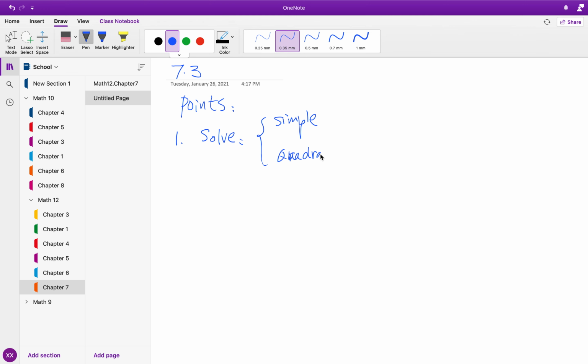In this case, it will involve factoring. Okay, that's the first two things for us to realize, and I will show different examples.